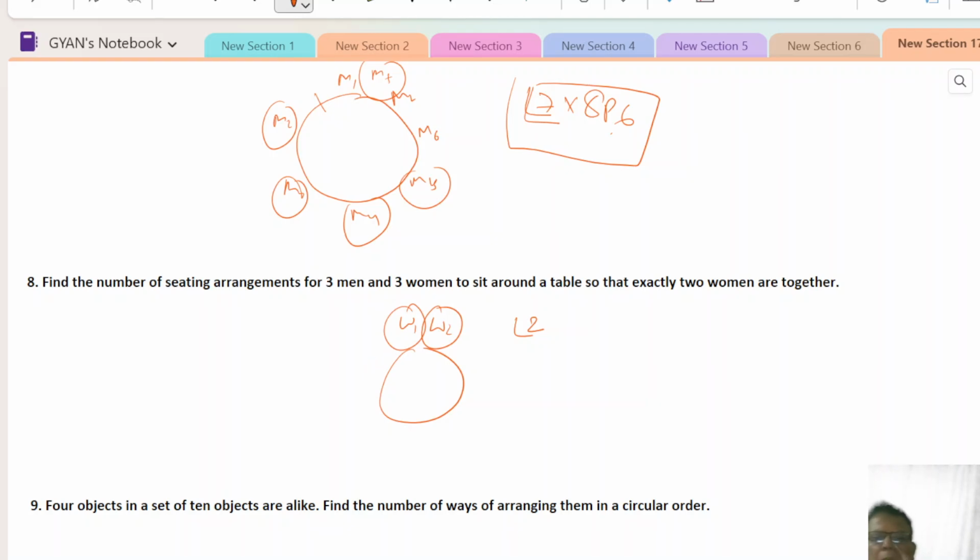Exactly 2 women are together, so 3 men, 2 places, 3P2, and here remaining 3 women.